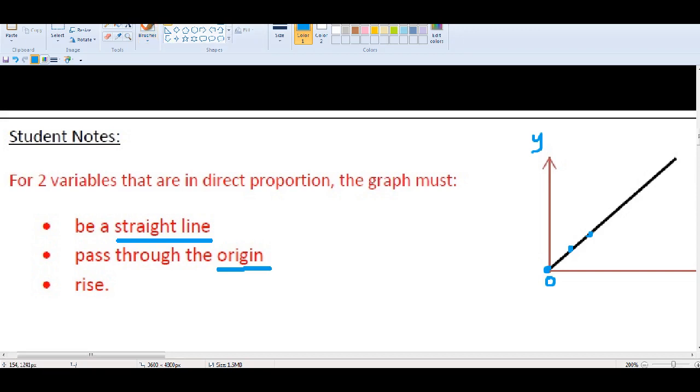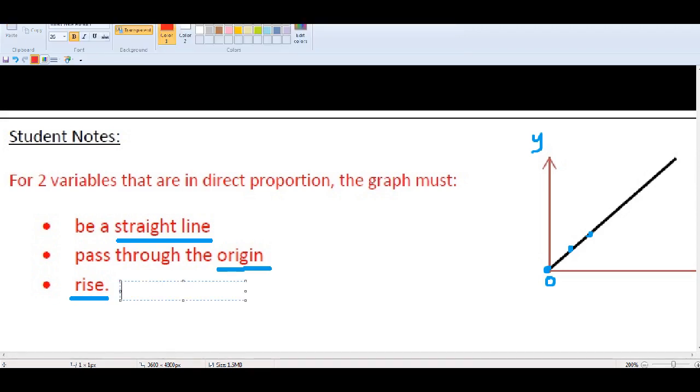Or if you use what you've learned before, you could say they have a positive slope for that straight line.